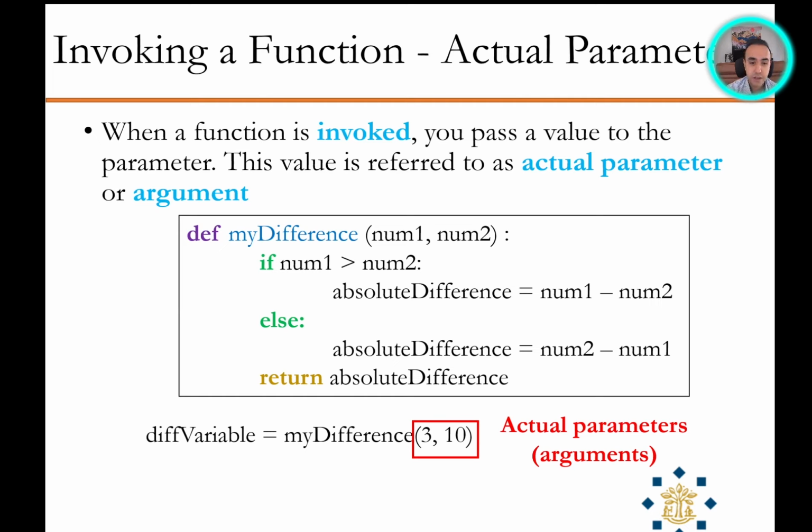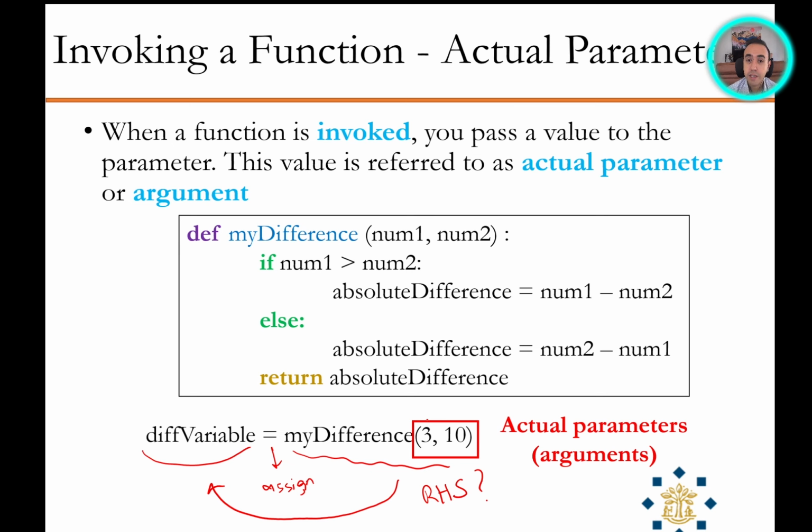Okay, so here we defined a variable. So this is an assignment, right? Assign right-hand side to the left-hand side. But what is right-hand side? We don't know. The right-hand side invokes a function with two actual parameters, 3 and 10.